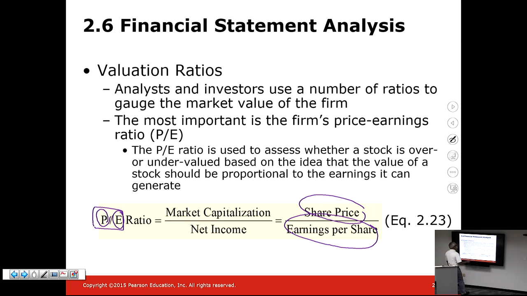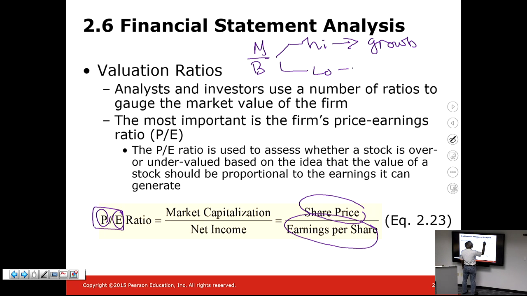Just like we had interpreted the market to book ratio, if it is high, we had implied that's a growth firm, and if it is low, we had implied that it's a value firm. The same can be applied in the context of PE. High PE are growth firms, and low PE are value firms.